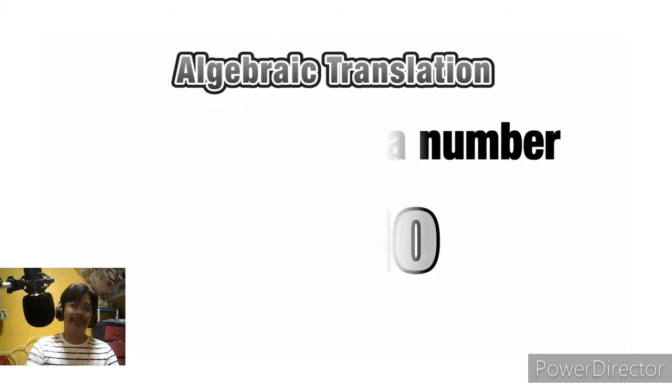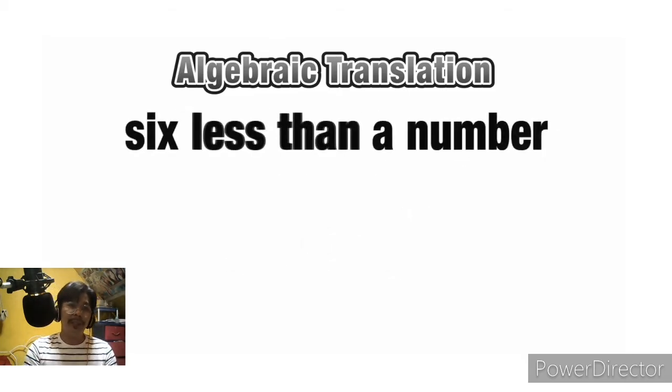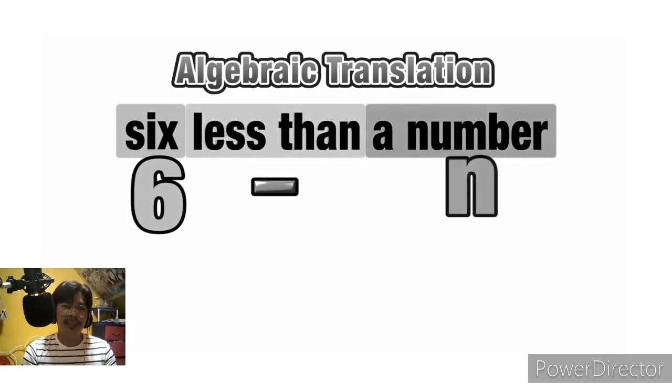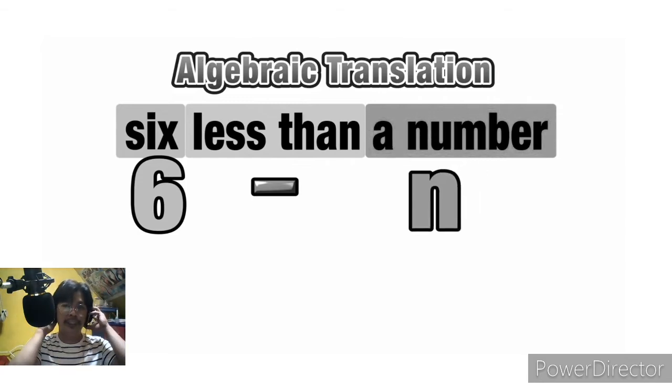So, that's it. How about this? We have 6 less than a number. 6, obviously, we're going to write 6. Then less than represents subtraction. So we have minus, and a number can be represented by a variable n or any letter in the English alphabet.